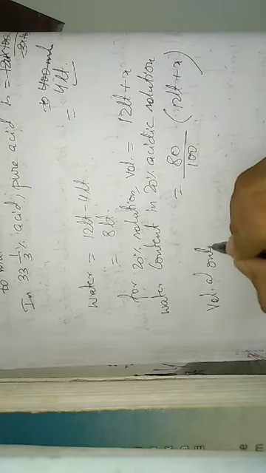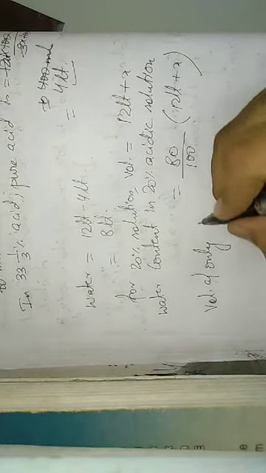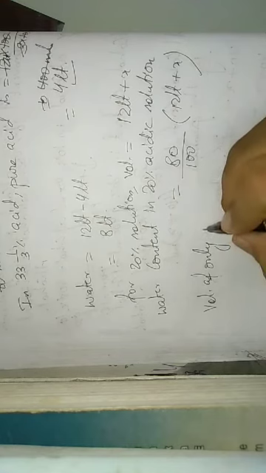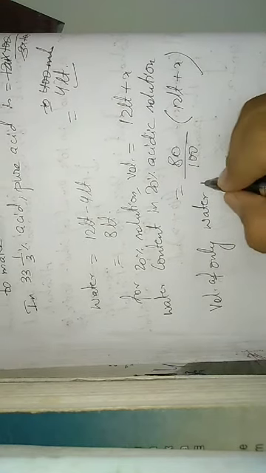Am I correct? And in that, if we are adding water, how much water was there actually? 8 liter. Now we are adding some more water. This is the total volume of the solution. I'm asking only the volume of water in the 20% acidic solution, which is equal to 8 liter that was before in the 33% plus x liter.